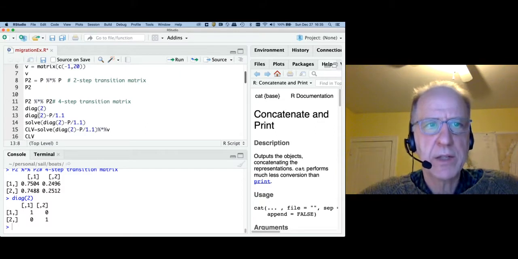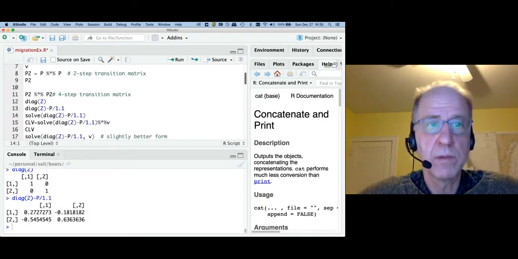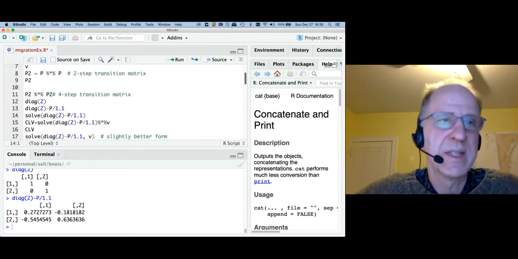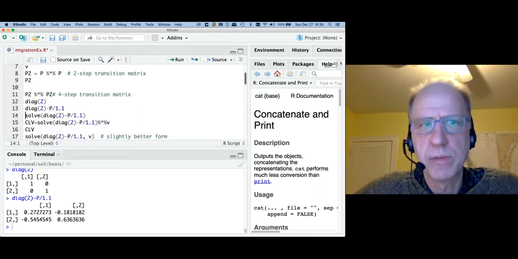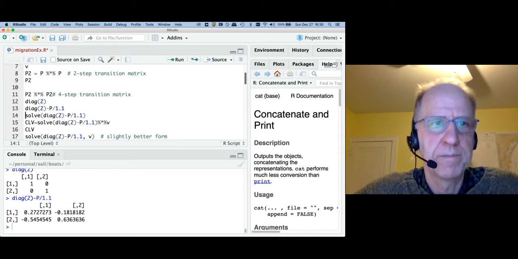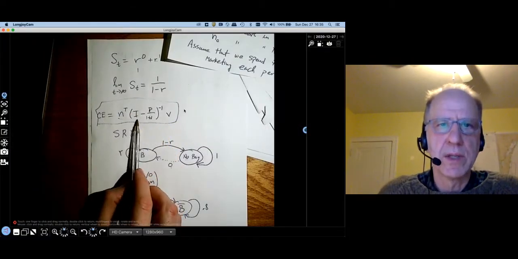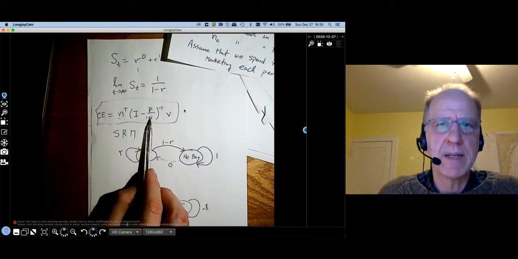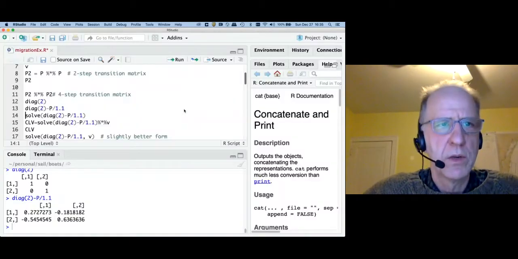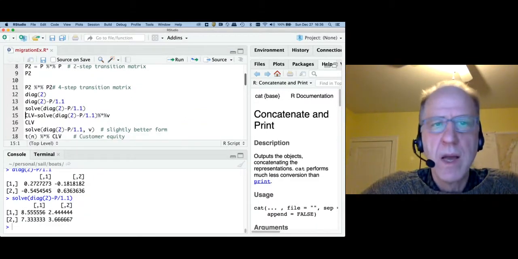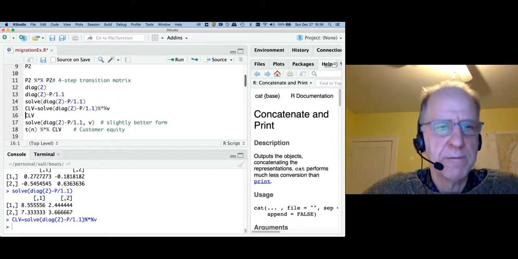If I take diag(2) minus P over 1.1, so 1.1 is 1 plus the discount rate, which was assumed to be 10% per period. So if you go back to the formula, I've just computed I minus that. I need to invert it. So in R, you can invert that with the solve command. Lifetime value is simply going to be solve times the value vector.